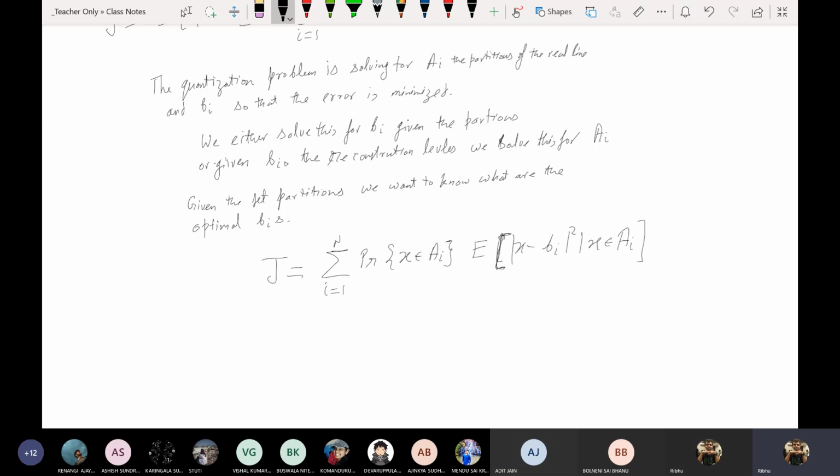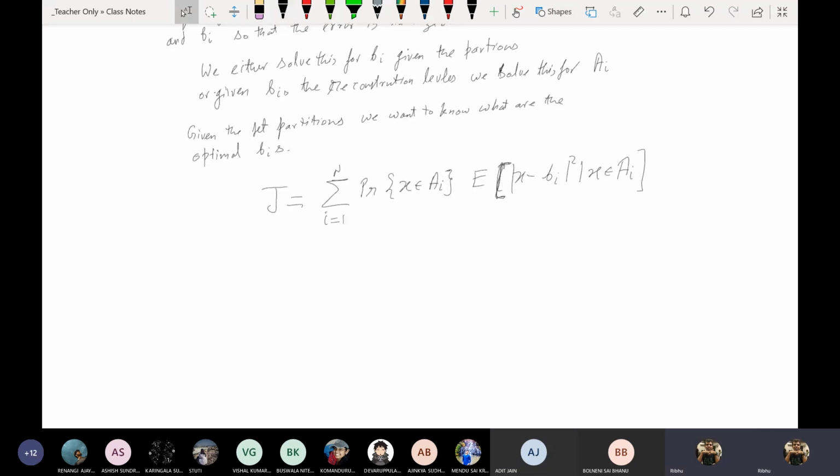So now the good thing is that all of these are non-negative quantities.